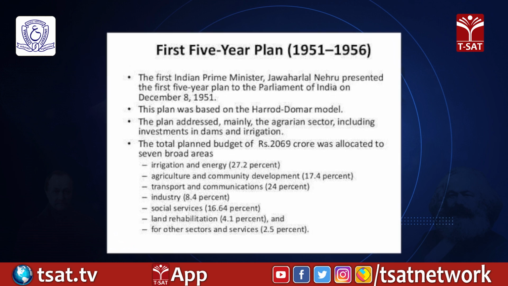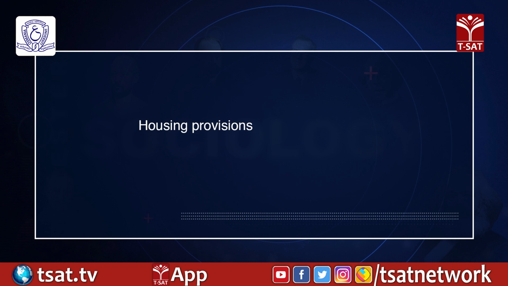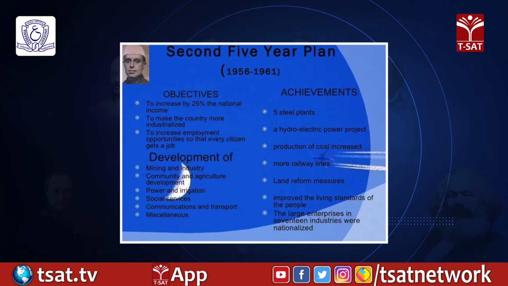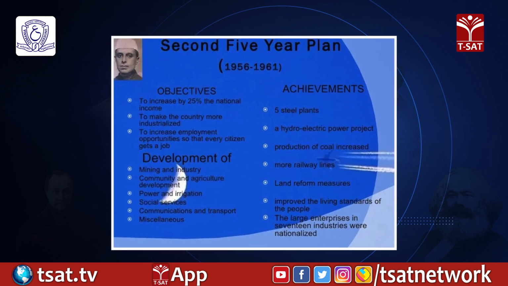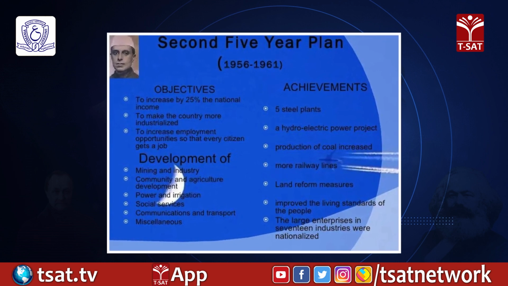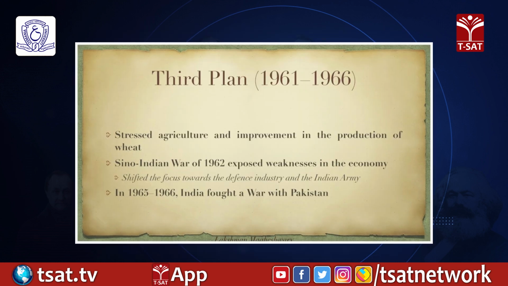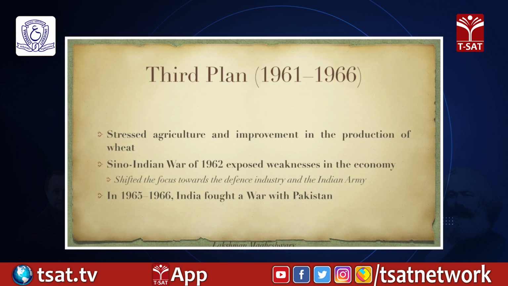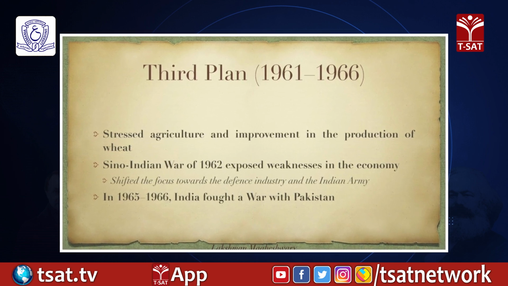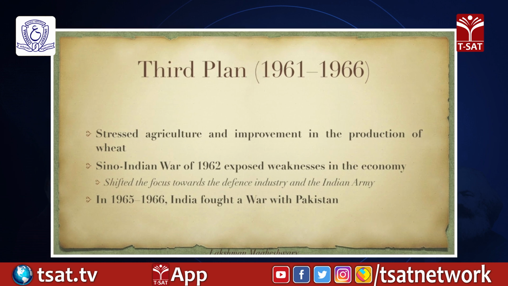The first three plans were marked by efforts towards housing provisions, slum clearance and rehabilitation. The second five-year plan provided for the creation of town and country planning laws and initiated planning institutions, after which rigid master plans for a number of cities were developed. State capitals and industrial towns were developed in the third five-year plan.